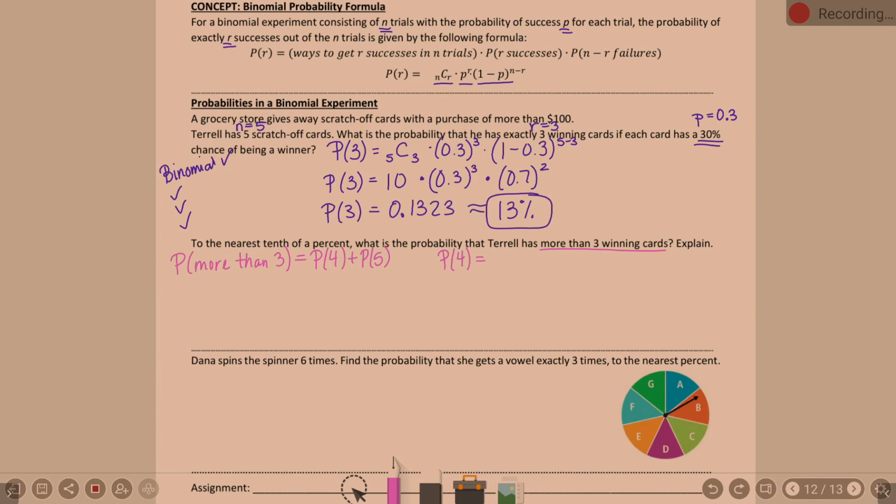So P of 4, NCR, 5C4, P to the R, so that's 0.3 to the fourth. One minus P, so 1 minus 0.3 to the N minus R, so 5 minus 4.